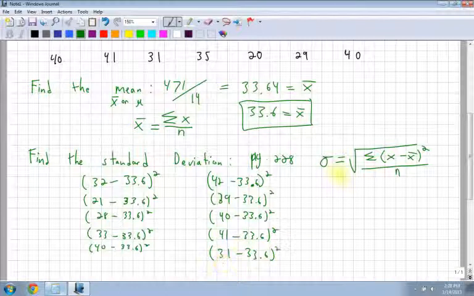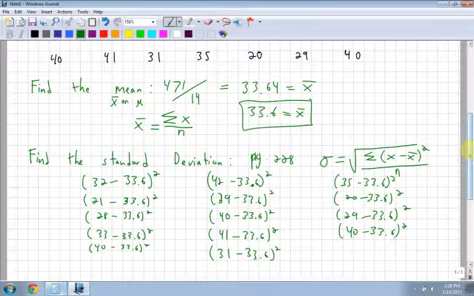And then I have 35 minus 33.6 all squared, 20, 29, oh, almost done, 40, there we go, wow. Let's just make sure I have them all there. 1, 2, 3, 4, 5, 6, 7, 8, 9, 10, 11, 12, 13, 14 pieces of data, which I should have.